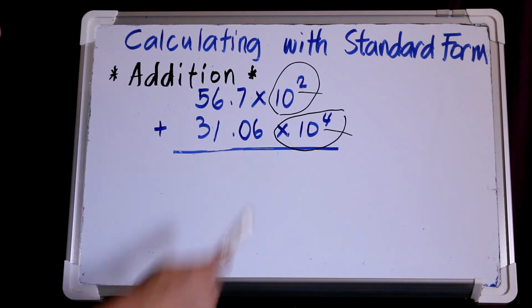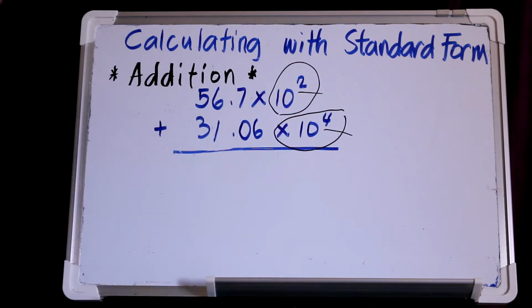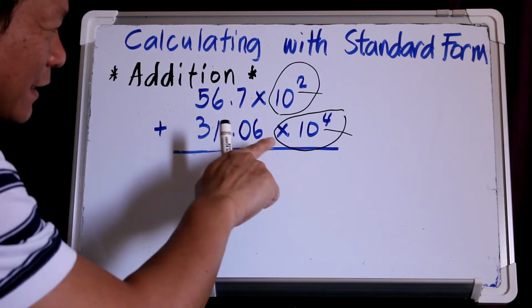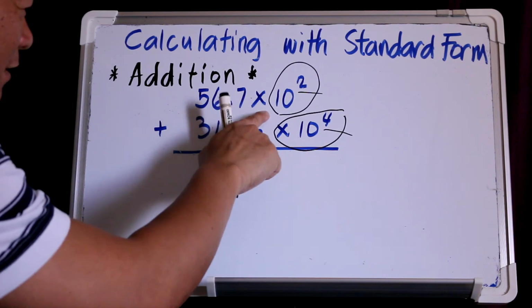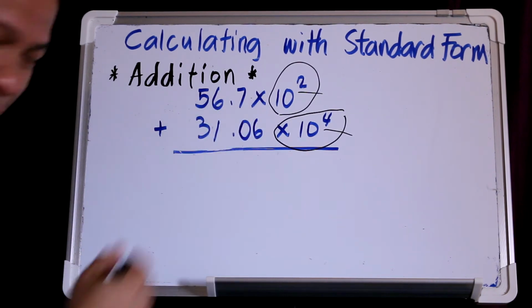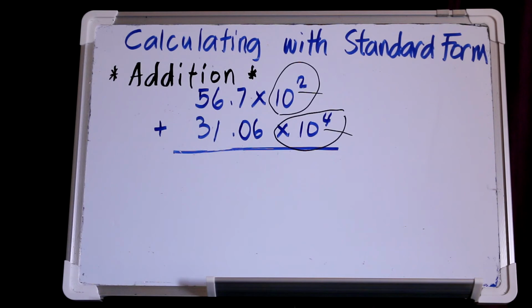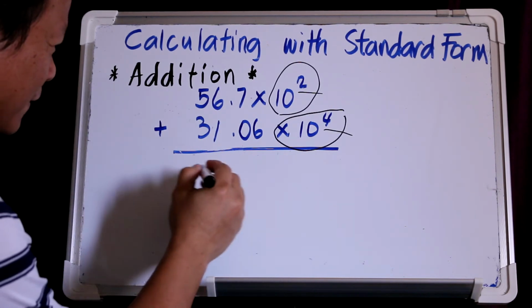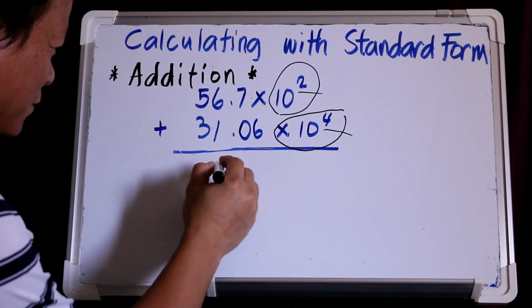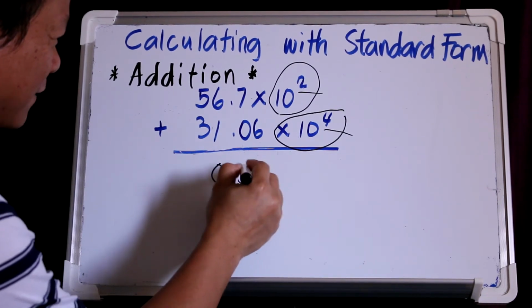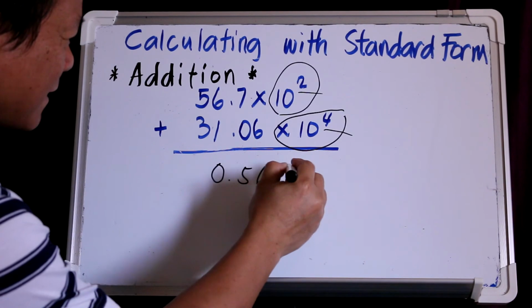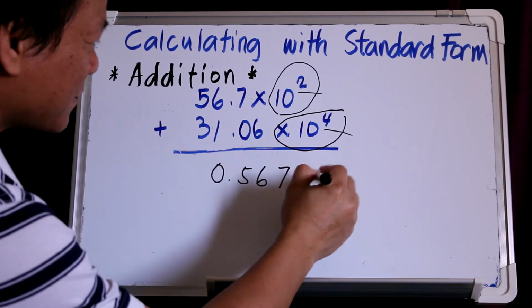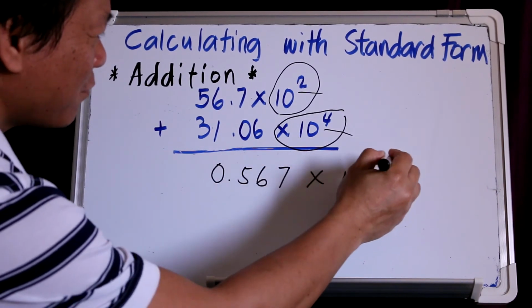Again, the index should have the same powers. So I'm going to change this number here, and I'll have 0.567 times 10 to the power of 4.